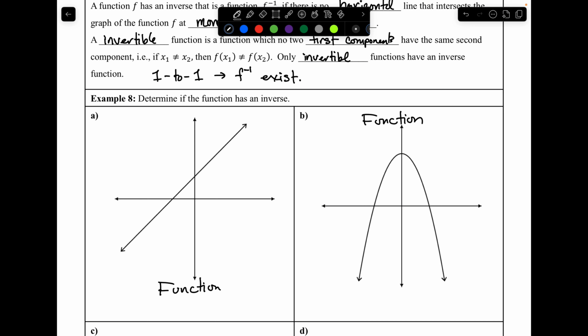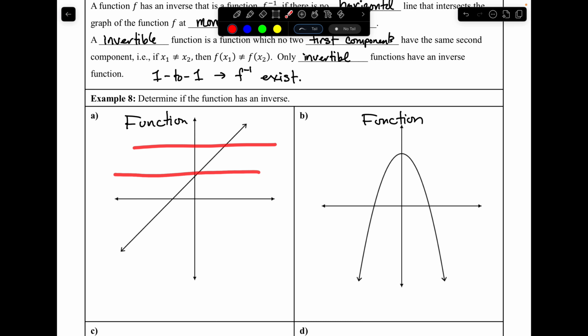But in order for it to be one-to-one, in order for it to be invertible, that means that if I do a horizontal line, the horizontal line will do the same thing as the vertical line and only intersect the function at one place. So the horizontal line intersects the function at one place there. But this one over here doesn't.